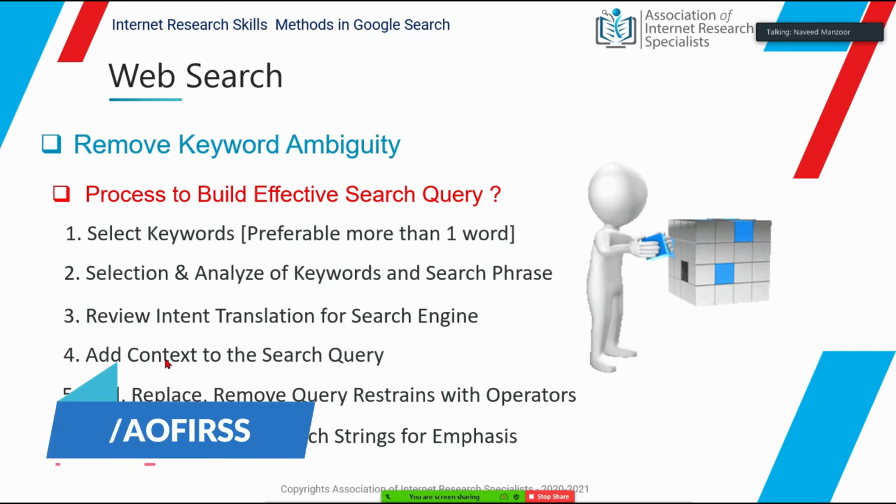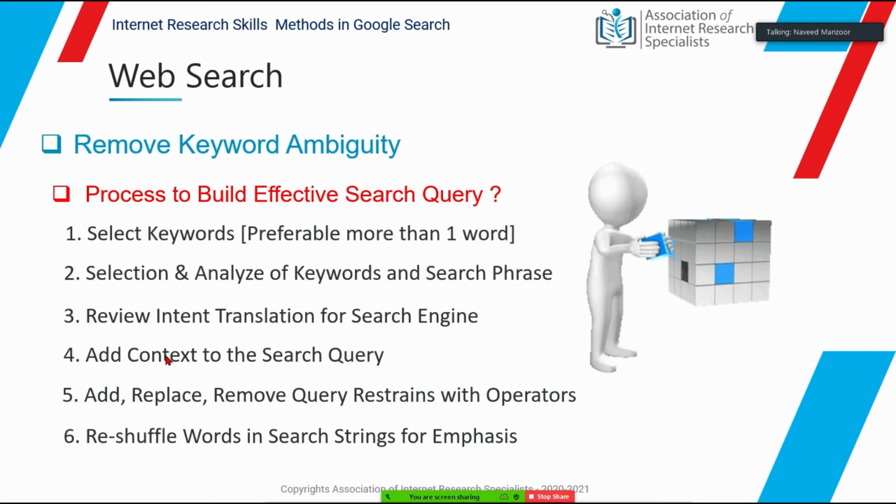Then we are going to talk about the context that you give to your search, which means adding additional words or certain words which would reinforce the meaning of your search query. And then, when to add, replace, or remove restraints like operators. And remember, anytime that you're creating your search planning, or designing something ahead of doing your search, you would not think of it as a one-time execution of your query.